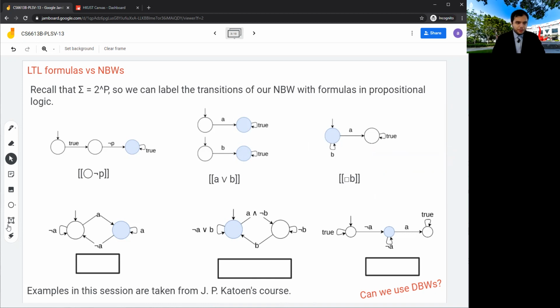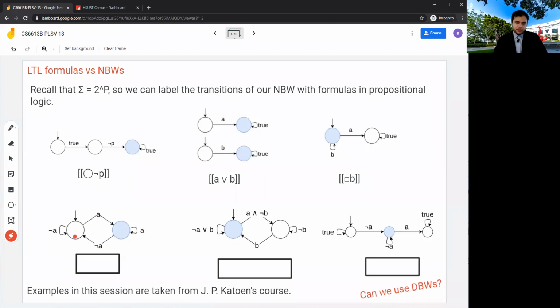Now let's make things a little bit more interesting. So what is the formula that is equivalent to this non-deterministic Büchi automaton? So we start here, and if in the current point in time A is satisfied, we go here, and then we remain here until A is satisfied.